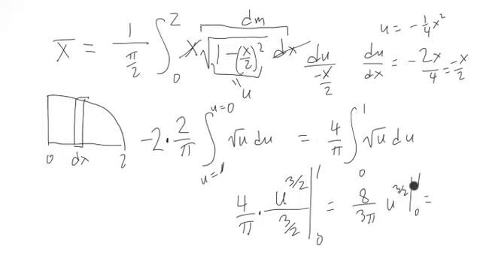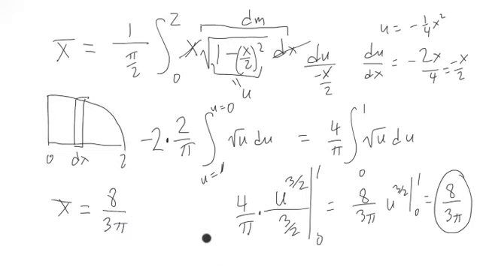And this is going to be the same as if we just plugged in 1 here, because plugging in 0 gives 0. So we end up getting 8 over 3 pi. So we just computed what x bar is. X bar is equal to 8 over 3 pi.